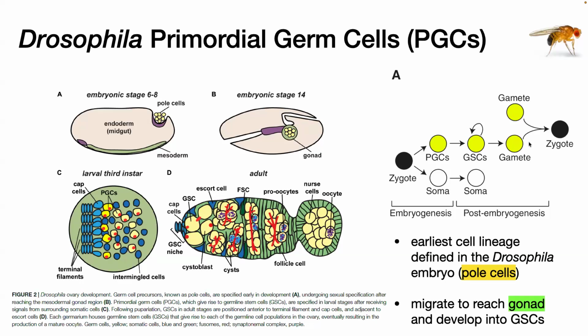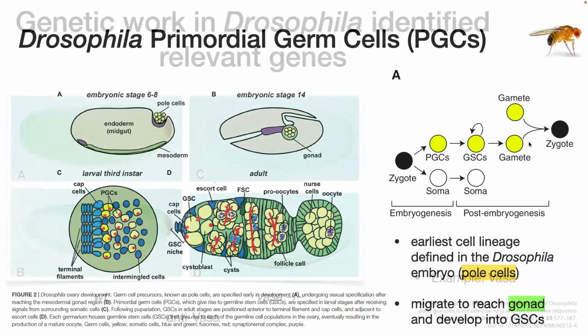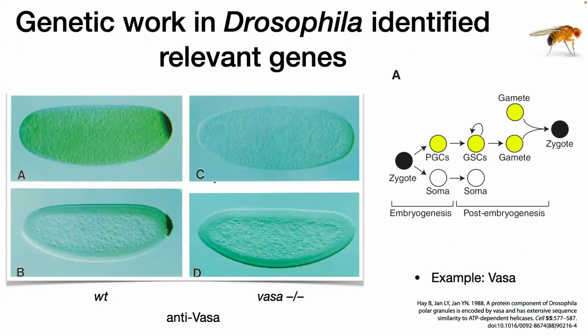One example of such a gene is shown on the next slide. This resulted from a mutant screen where researchers mutated the Drosophila genome looking for carriers that would generate offspring that was deficient in germline development. And this gene depicted here is called VASA.